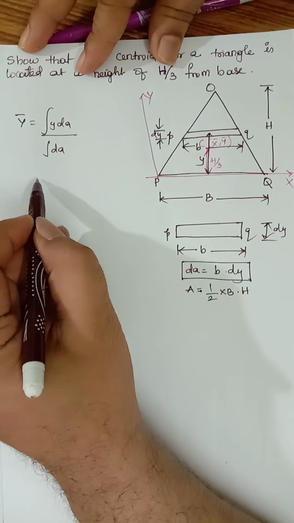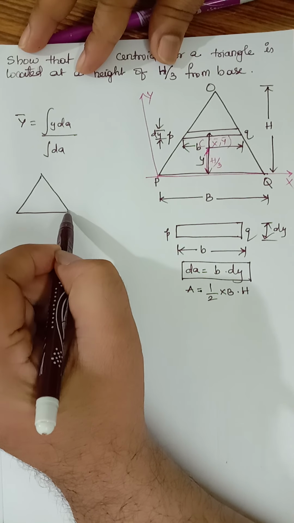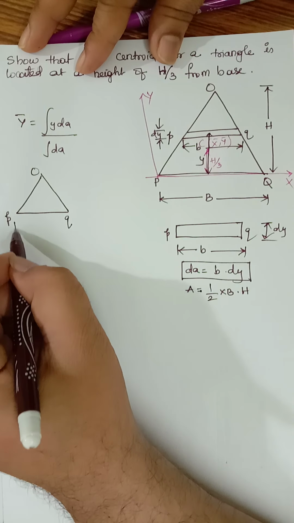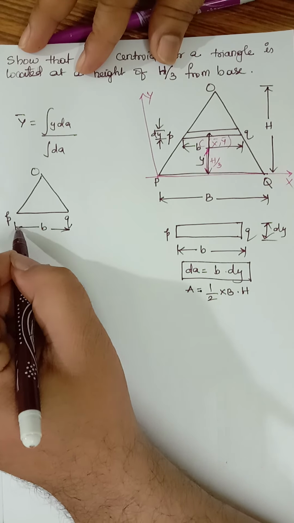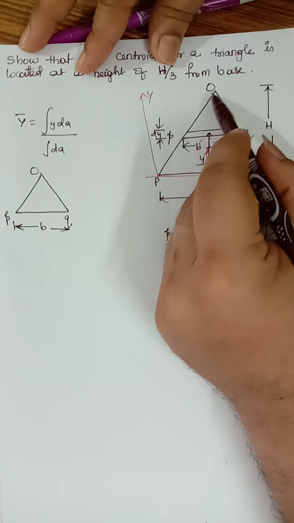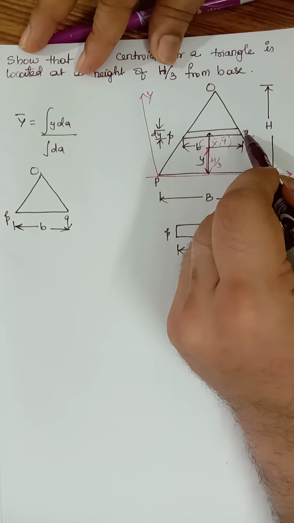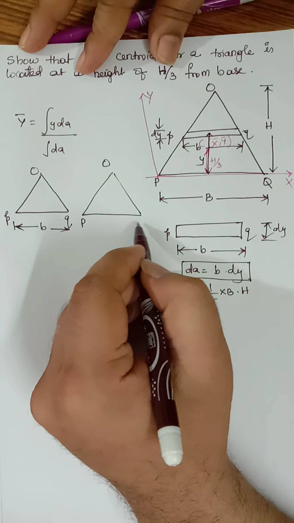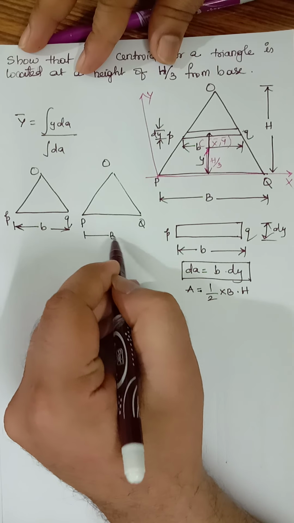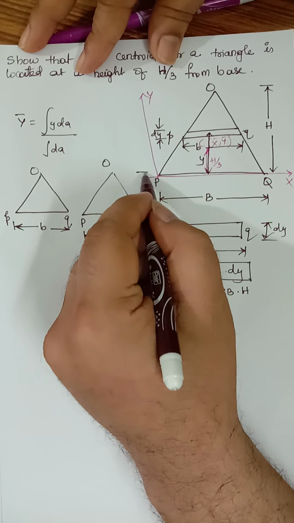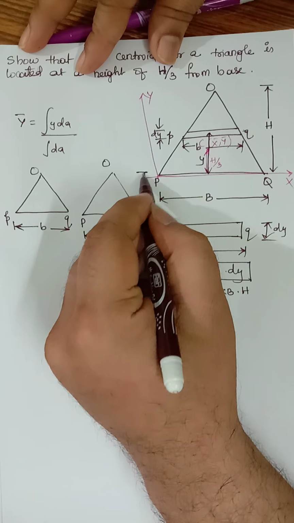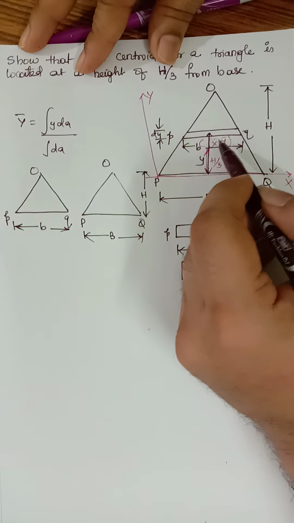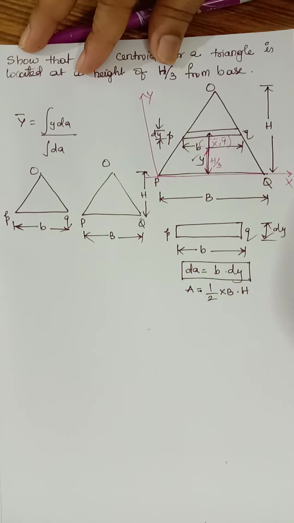It is very simple. I'm considering a smaller triangle here, O, P and small q, which has a width small b. Next, the bigger triangle O, P and Q has a base capital B and a height capital H. If capital H is the height of the entire triangle, then this value is y.